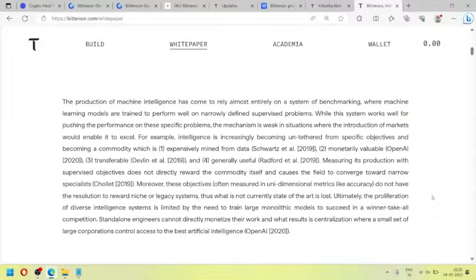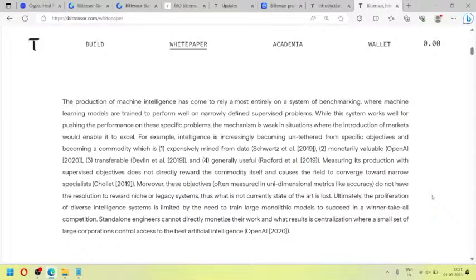While this system works well for pushing the performance on these specific problems, the mechanism is weak. For a commodity in a market, the first is that it is expensively mined from data, the second is that it is monetarily valuable, like OpenAI, the third is that it is transferable, and the fourth is that it is generally useful.